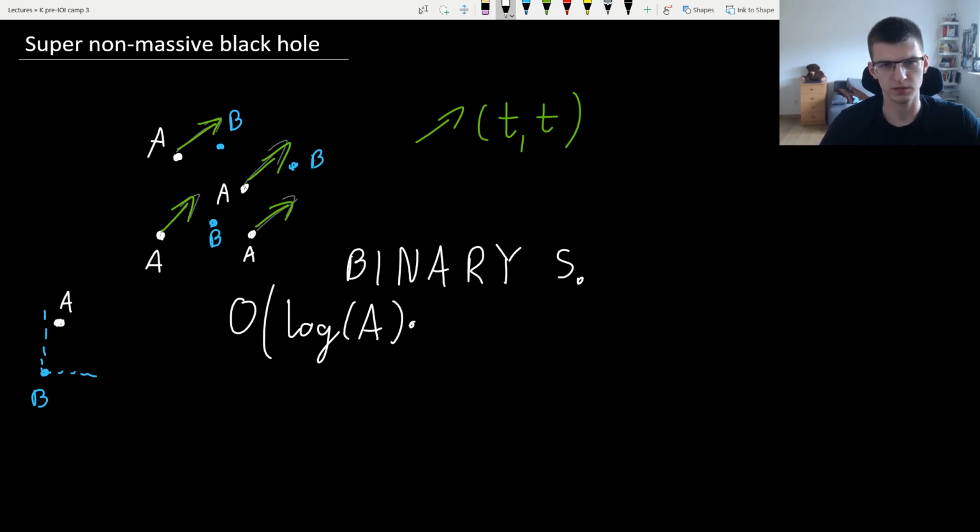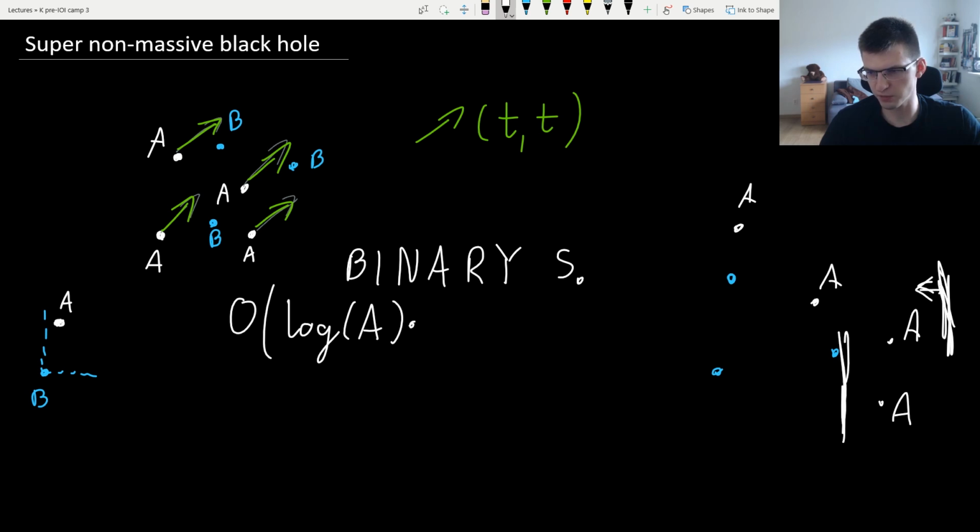maybe let's make a new drawing where we already shifted points from A. There are some points B and there are some points A, and once the sweep line reaches a point from B, we need to check if above this y coordinate there was already some point from A. Then it means that point B is covered.